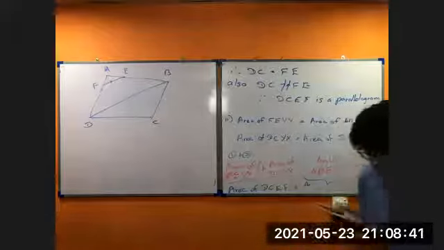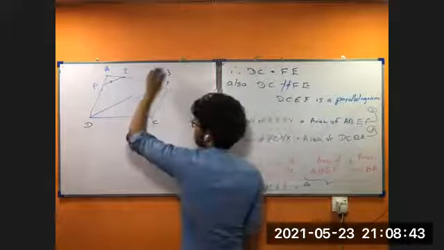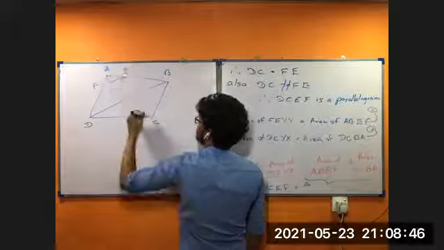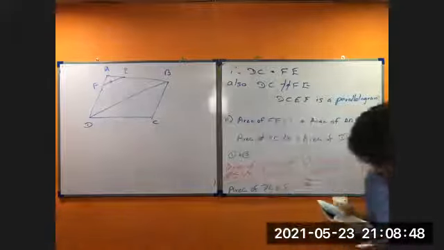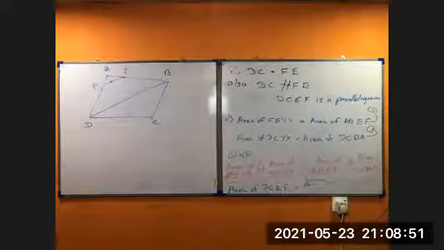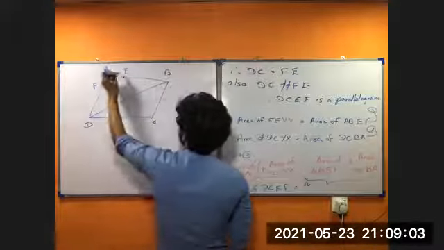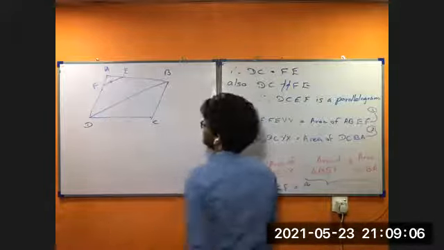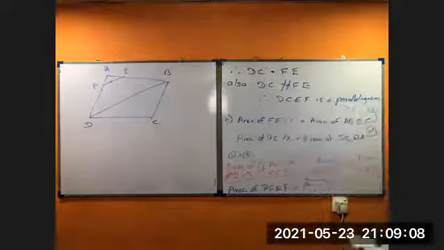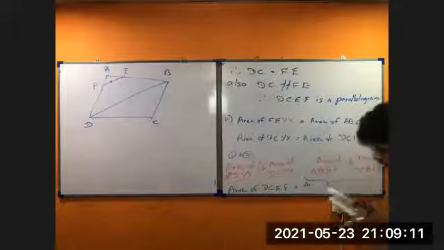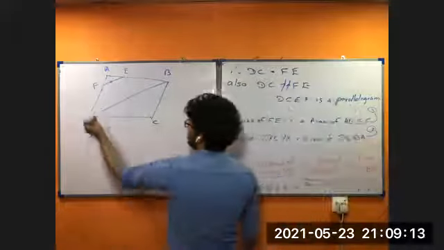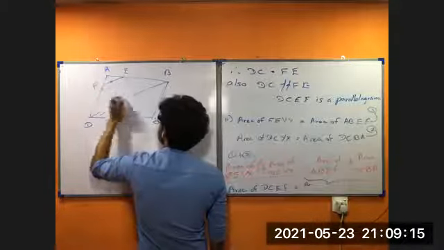Prove that the area of triangle BEC is equal to the area of triangle DFC. So this is BEC, right? And this is DFC.